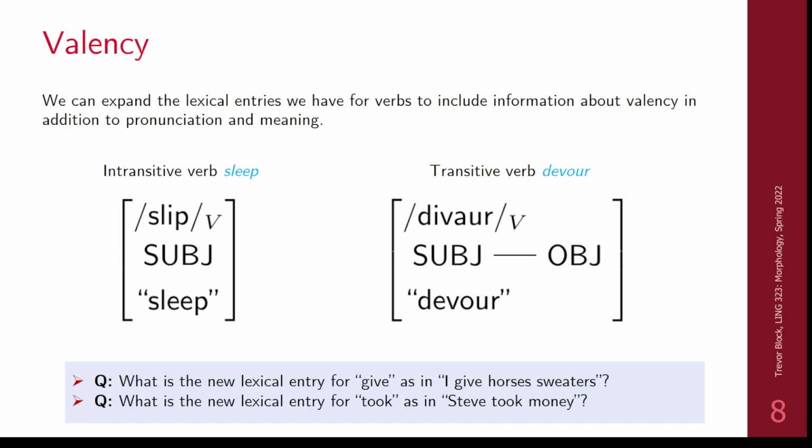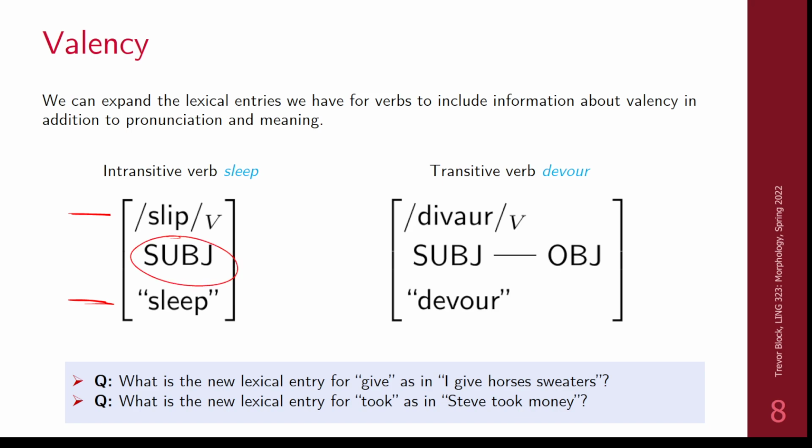So let's first take a look at how we can remodel our lexical entries to account for valency, because lexical entries contain information about words. If verbs have these restrictions on what types of NPs they want, then we can record that information in our lexical entries. So for an intransitive verb like sleep, we still have our old information, the form of the verb and its category, as well as the meaning, but now we have information about valency.